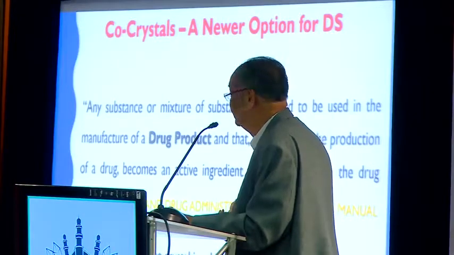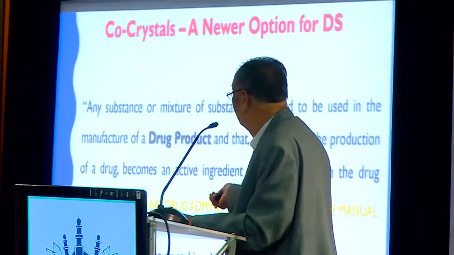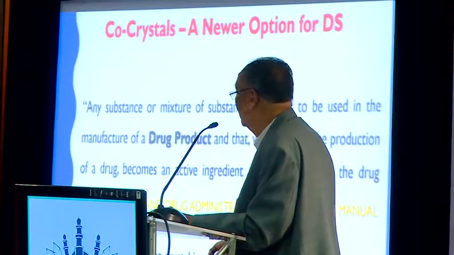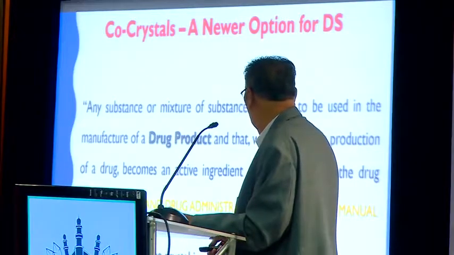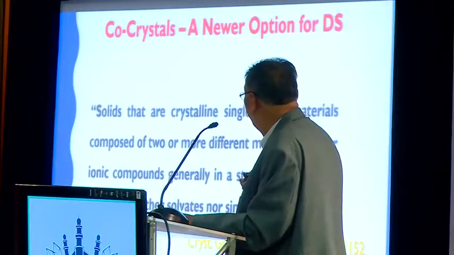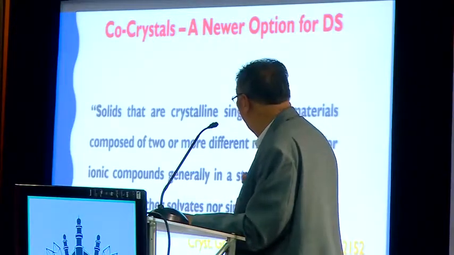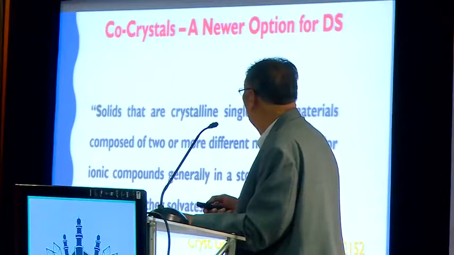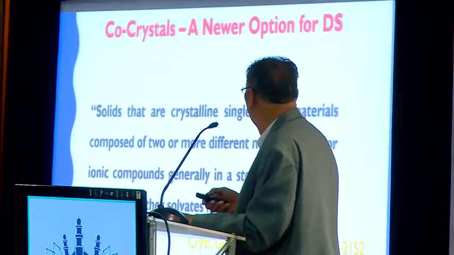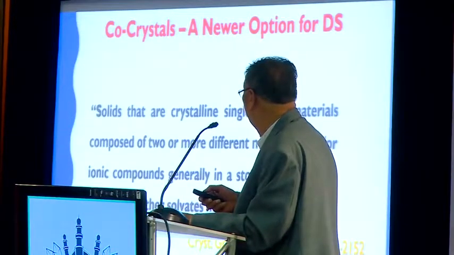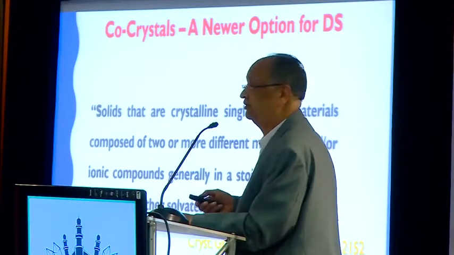Here is another authoritative scholarly definition of a co-crystal. Etter: multiple component crystal in which all components are solid under ambient conditions. Here's the definition taken from the Crystal Growth and Design journal: solids that are crystalline single-phase materials composed of two or more different molecular and ionic compounds, generally in a stoichiometric ratio, which are neither solvates nor simple salts.